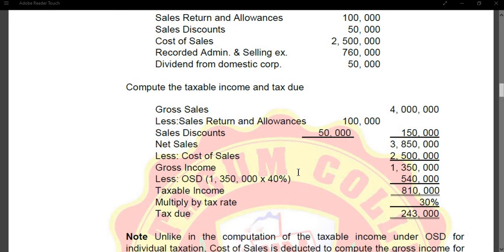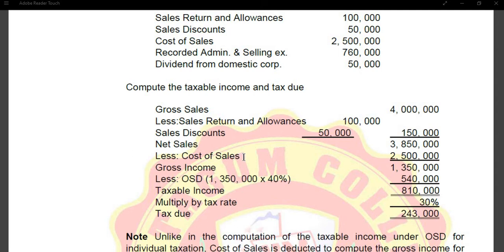So, as you can notice, unlike the computation for the optional standard deduction on taxation of individual taxpayers, the 40% OSD is based on the gross sales or net sales if there is sales returns and allowances or sales discount. You multiply the 40% to the gross sales or net sales without regard to the cost of sale if it happens that the taxpayer is individual.